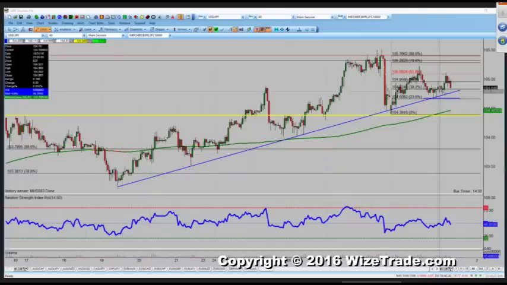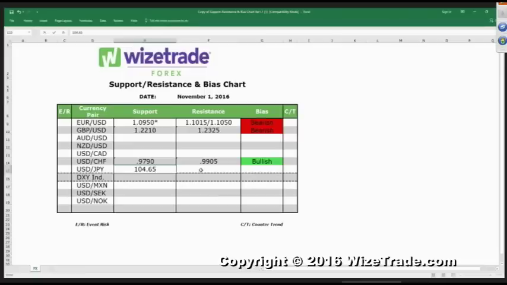That's got to hold resistance right now. It's 105 and a quarter. And then obviously 105.50, which is key resistance. We are in a range in the dollar yen.